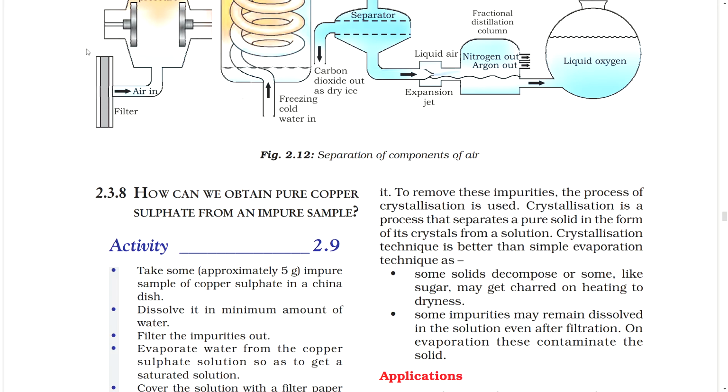Crystallization is a process that separates a pure solid in the form of its crystals from a solution. The crystallization technique is better than the simple evaporation technique as some solids decompose, or some, like sugar, may get charred on heating to dryness. Some impurities may remain dissolved in the solution even after filtration. On evaporation, these contaminate the solid.